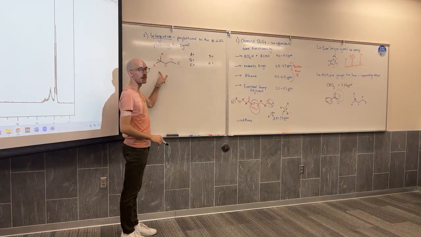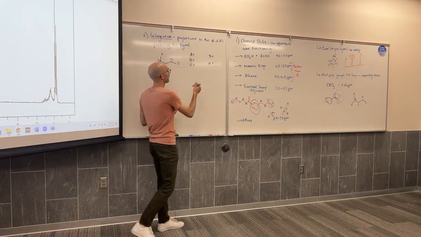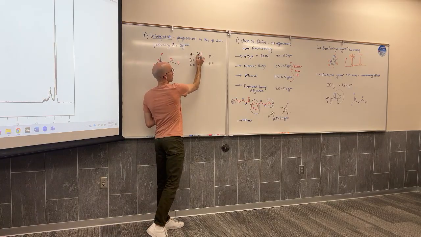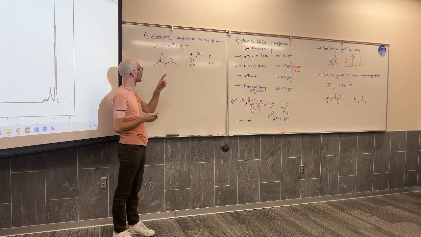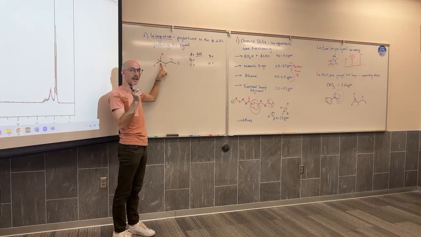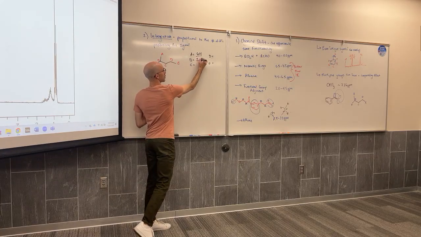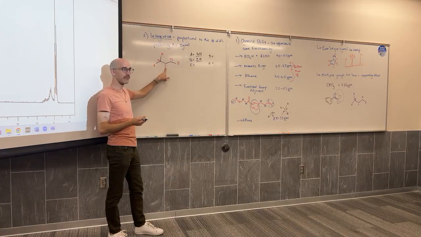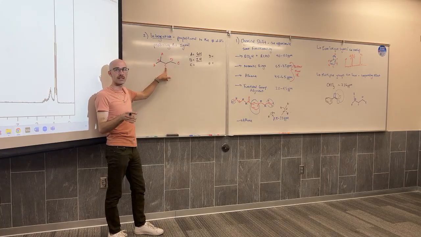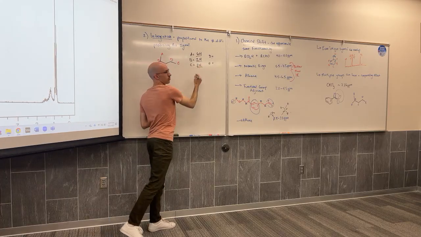Signal A, all of those equivalent hydrogens produced by 6 hydrogens. That's its integration, 6H. Signal B, just one hydrogen producing a unique signal, has an integration of 1H. Signal C, 2 hydrogens, chemically equivalent, produce a signal of 2H integration.